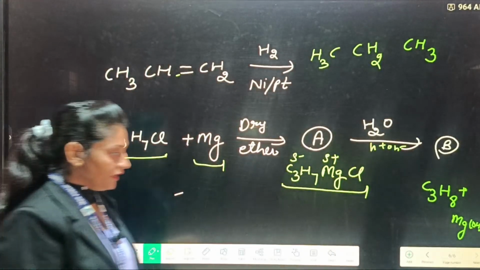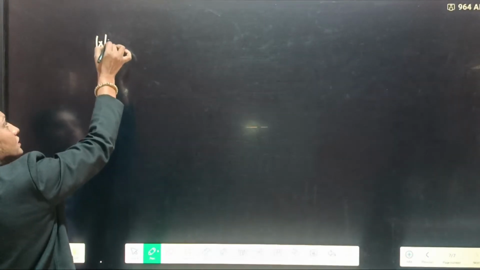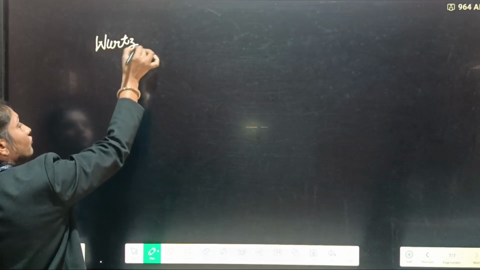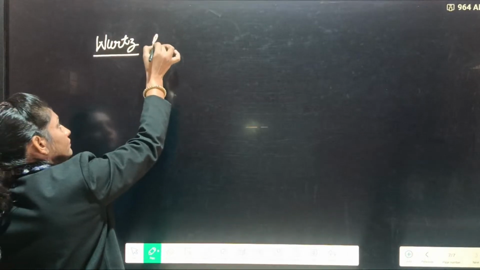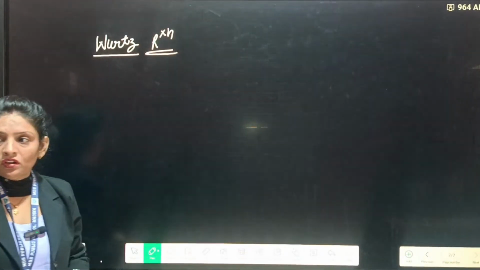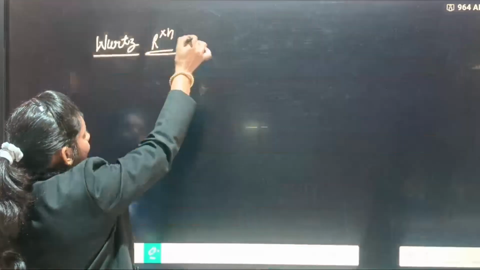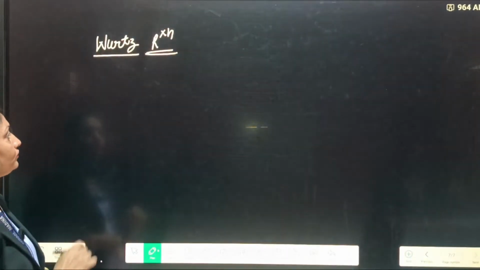Clear or not? Then one more method of preparation. This one is a naming reaction, the Wurtz reaction.